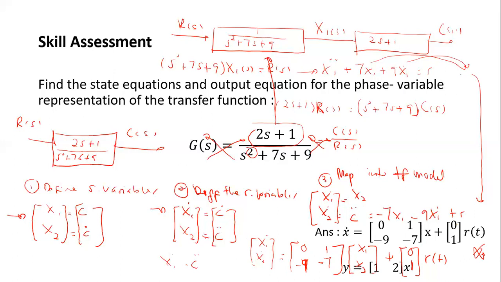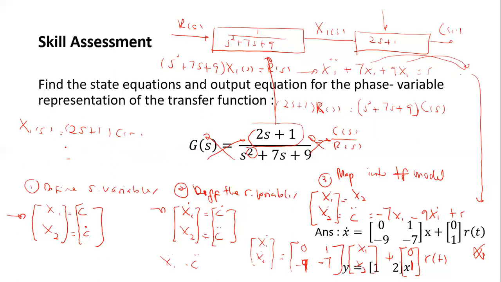Okay, so the next step is, how do we solve for the numerator? The numerator is C(S) equals (2S + 1) multiplied by X1(S).